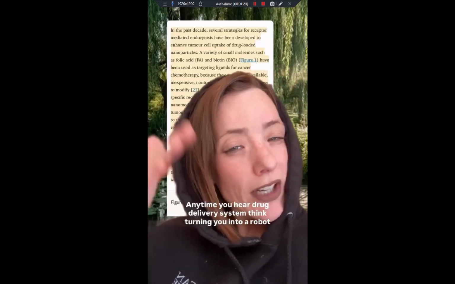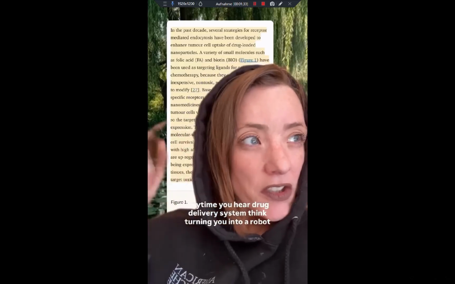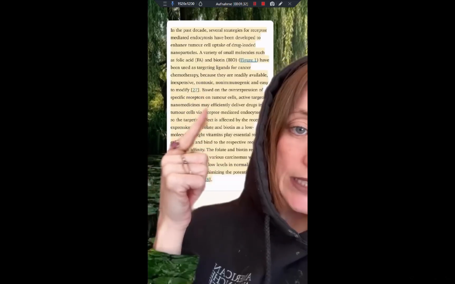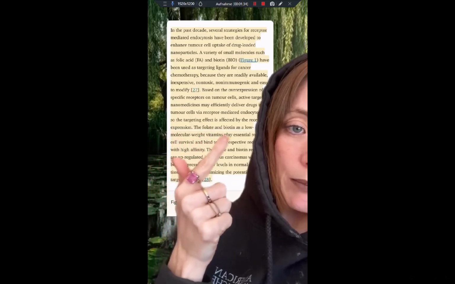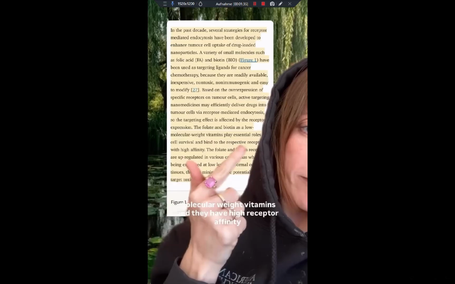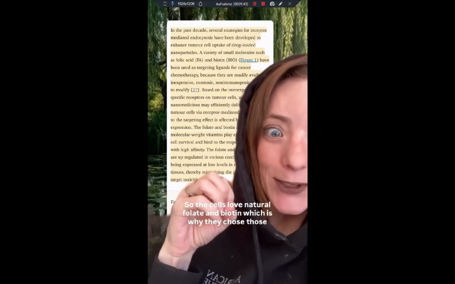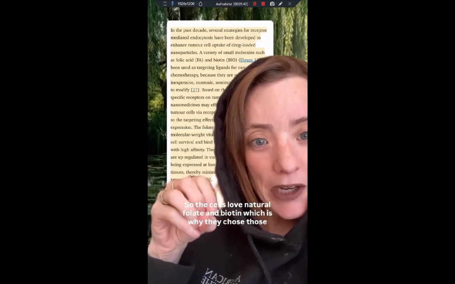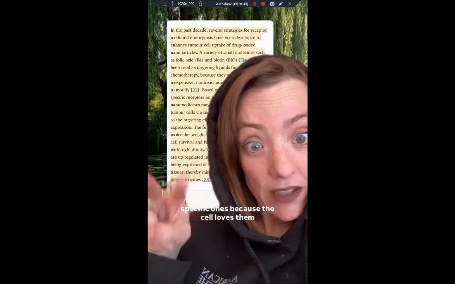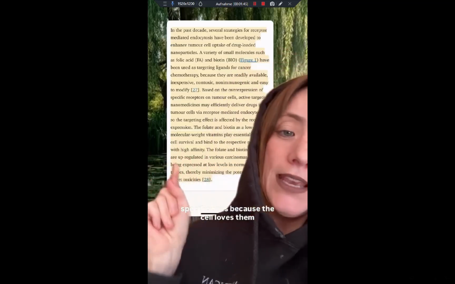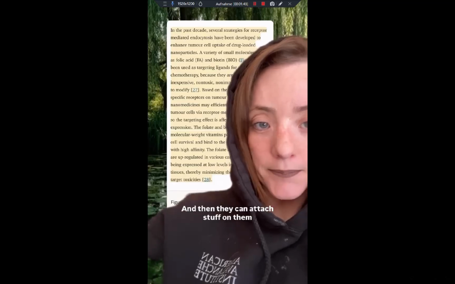Anytime you hear drug delivery system, think turning you into a robot. Basically, they use folate and biotin as low molecular weight vitamins, and they have high receptor affinity. So the cells love natural folate and biotin, which is why they chose those specific ones, because the cell loves them, and then they can attach stuff on them.